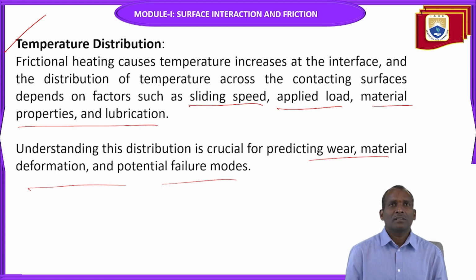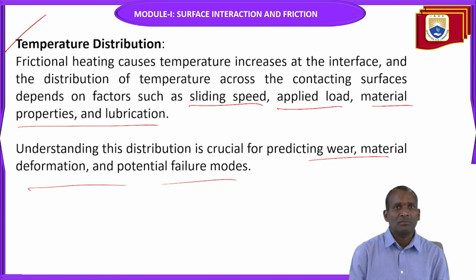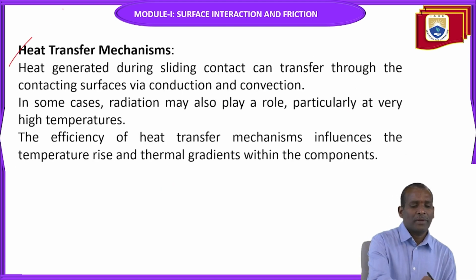So the temperature distribution mainly depends on sliding speed, the applied load, the material properties, and which type of lubrication system is present. So all these affect the temperature distribution, and cause friction.